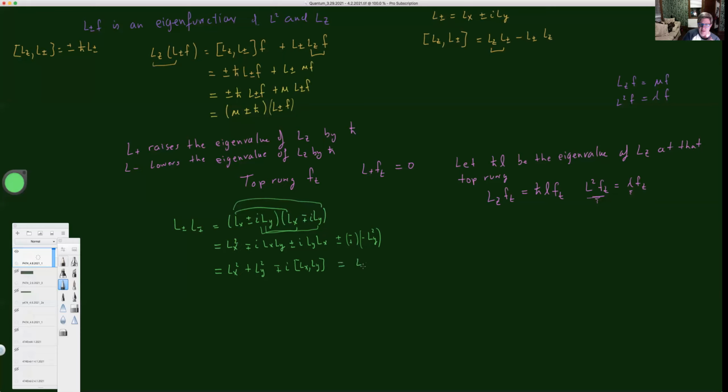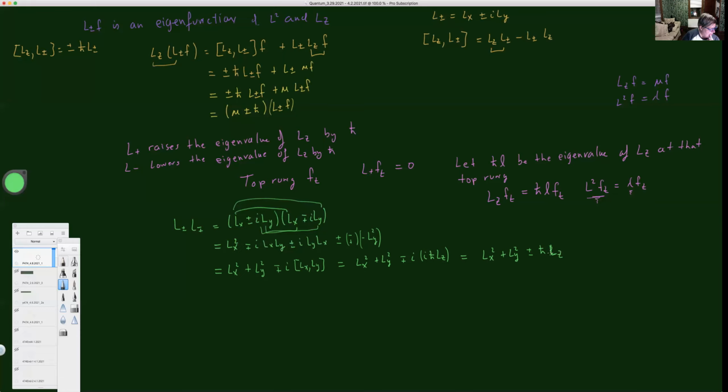So we have Lx squared plus Ly squared, and then minus plus i, and then i h bar Lz. Okay, so those two i's are going to give me a minus 1. It's going to change this to plus minus. So we're going to have Lx squared plus Ly squared plus minus h bar Lz.